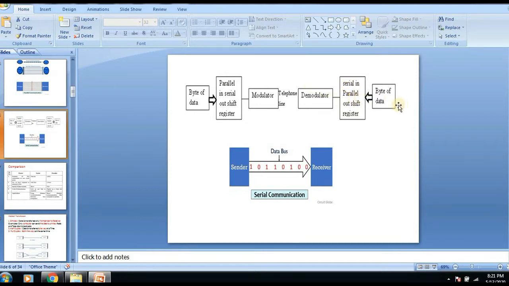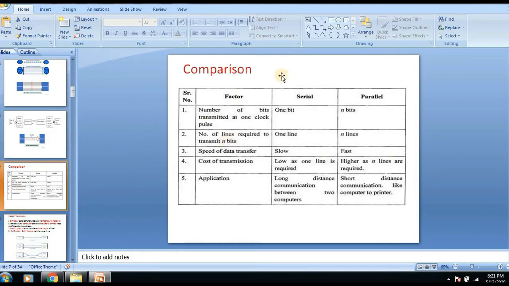So this is the additional circuitry we require in case of serial communication. Now we'll see some of the parameters for serial and parallel communication. If you consider the number of bits transmitted per clock pulse, in serial it is 1 bit, but in parallel it is n bits.